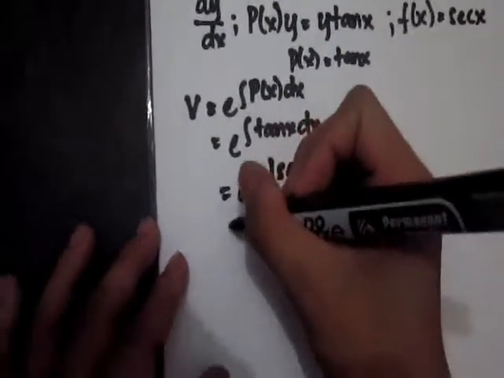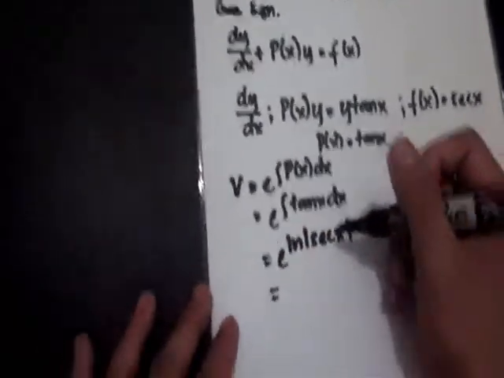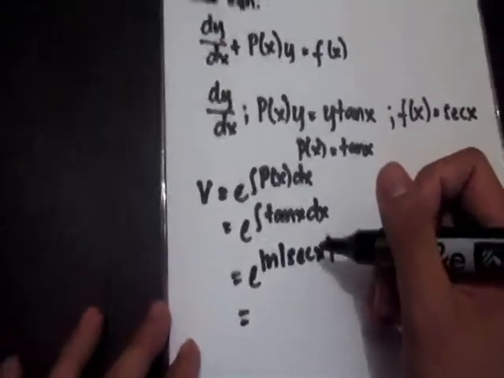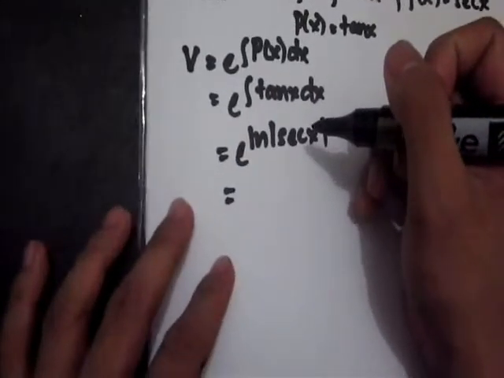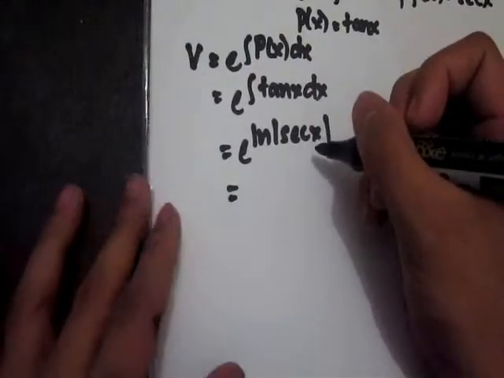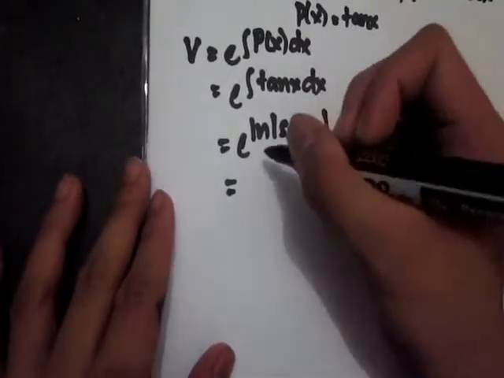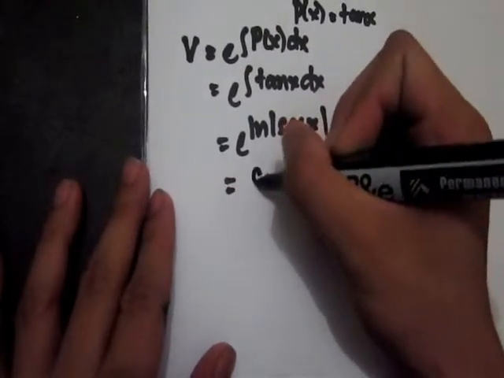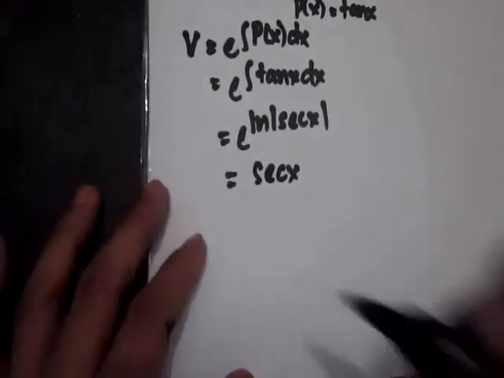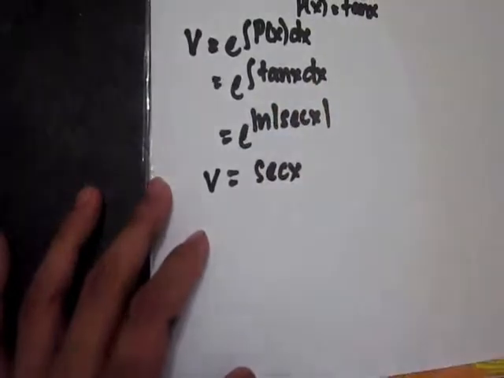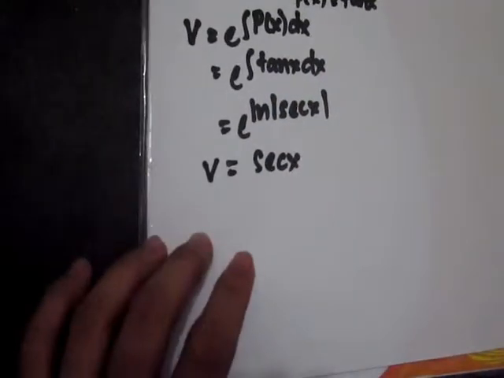Then, using the law of natural logarithm, when it becomes the exponent of the natural constant e, what will be left is just secant of x. So we now obtain our integrating factor, which is secant of x.